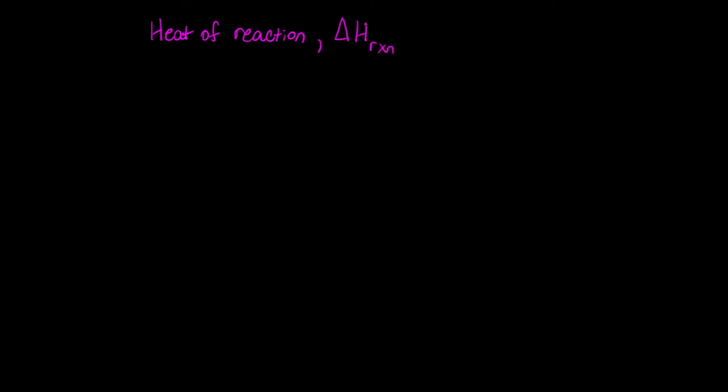All right. So we have this thing called delta H, or delta H reaction. I like to put a little subscript there so you know what it's talking about. And the formula that you want to use here is equal to the sum of the enthalpies of bonds broken minus the enthalpies of bonds formed.